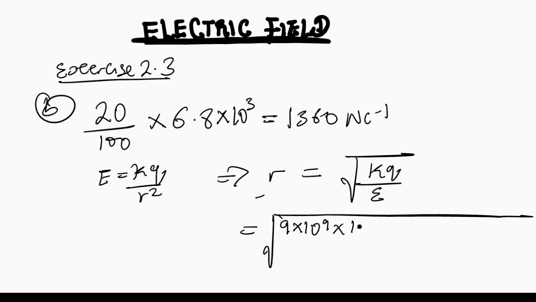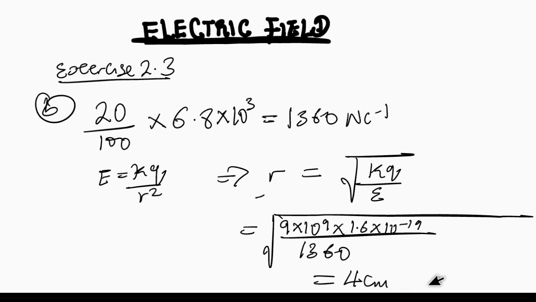What is q? 1.6 times 10 raised to power minus 19. What is e? What we just calculated. 30.60. So when you press your calculator, anything you have there should be your answer, right? Yes, anything you have there should be your answer. Okay, that will be the answer.